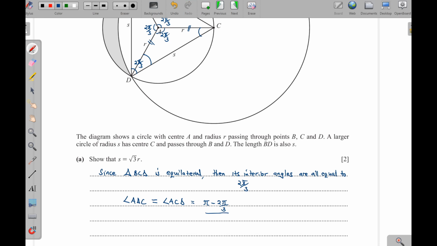Then we divide by 2. Now, this will be 3 pi minus 2 pi, so that will be pi over 3. Then divide by 2, that will be pi over 6.